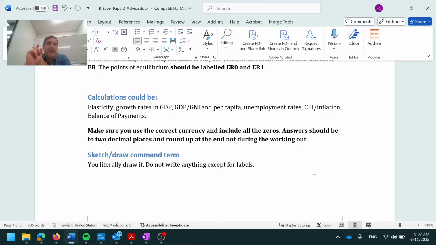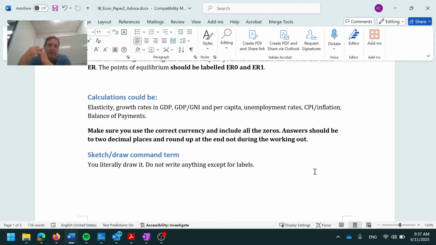You could be asked to calculate unemployment rates, the CPI or inflation, or the balance of payments. So they might get you to calculate the current account, or they might ask you to work out the balance of trade. So I would definitely skim over the balance of payments because you have to know it.